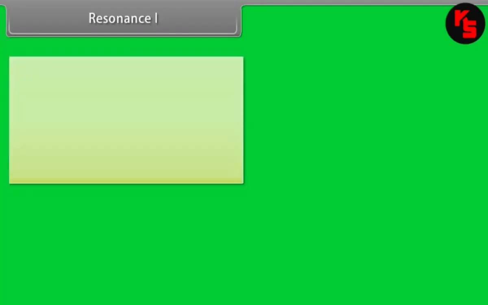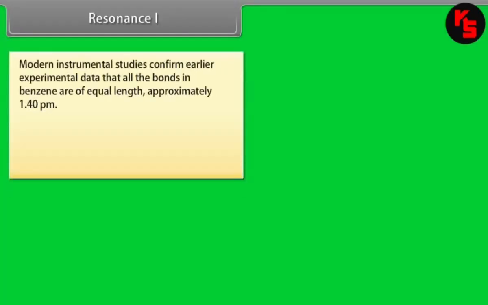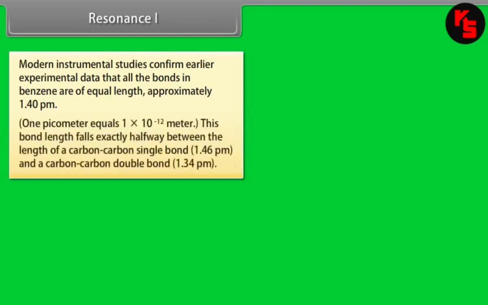Resonance 1. Modern instrumental studies confirm earlier experimental data that all the bonds in benzene are of equal length, approximately 1.40 picometer. 1 picometer equals 1 into 10 raised to the power minus 12 meter.